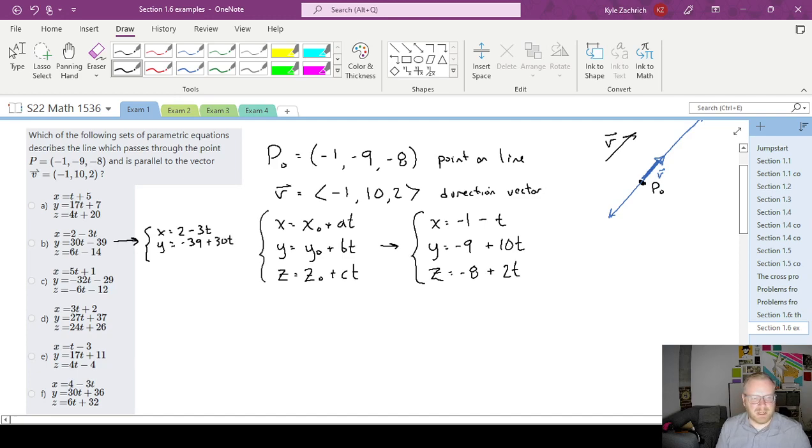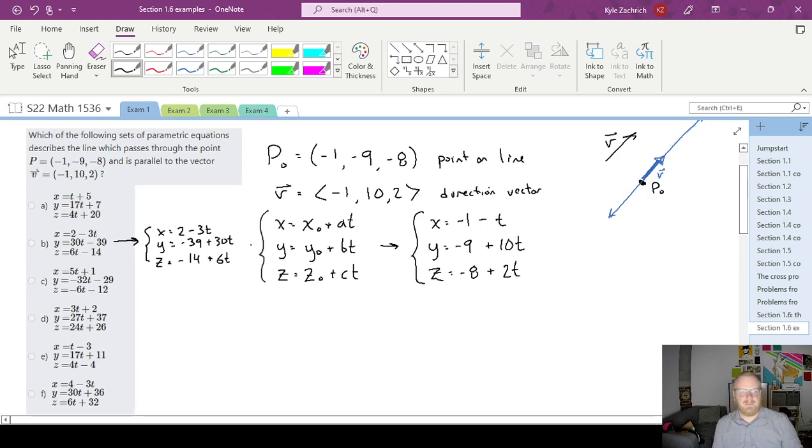Right, see how they've changed the order. 14 plus 6t. All right, so just be on the lookout for that. They do like to change the order of these just to trip you up a little bit, so you're not just kind of hunting for the right numbers.